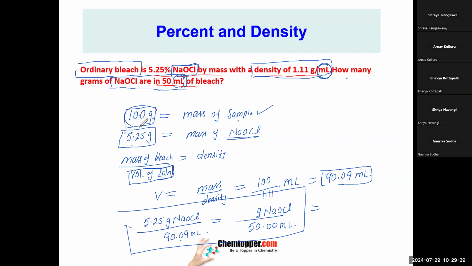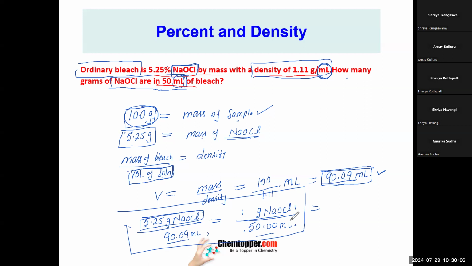Then you converted this 100 grams of the sample into milliliter by using this density equation. So the total volume of the solution is 90.09 ml. In 90.09 ml, you have 5.25 grams of NaOCl. How much is present in 50 ml? So you can use the ratio the way we were using in hydrate formulas.